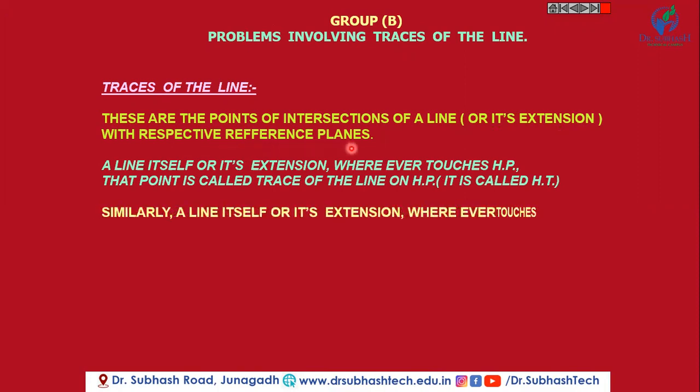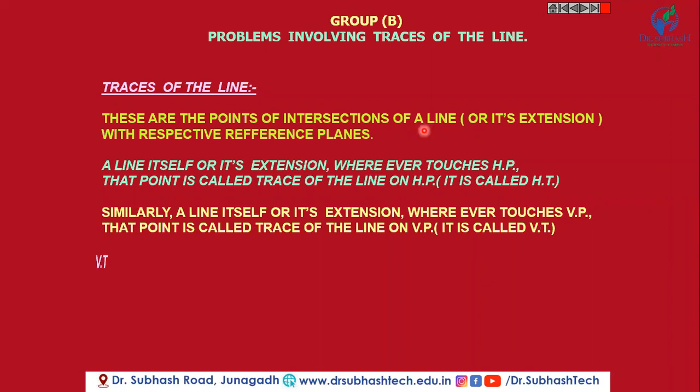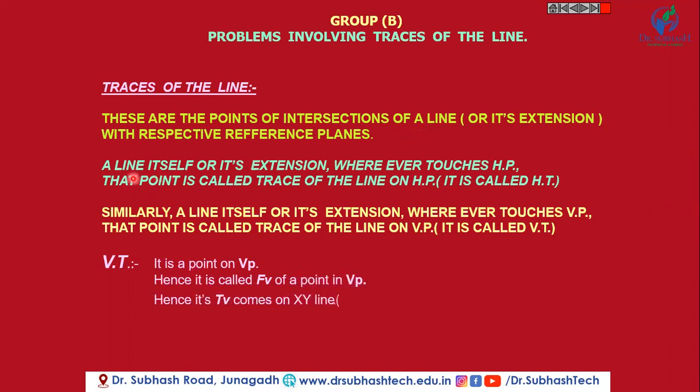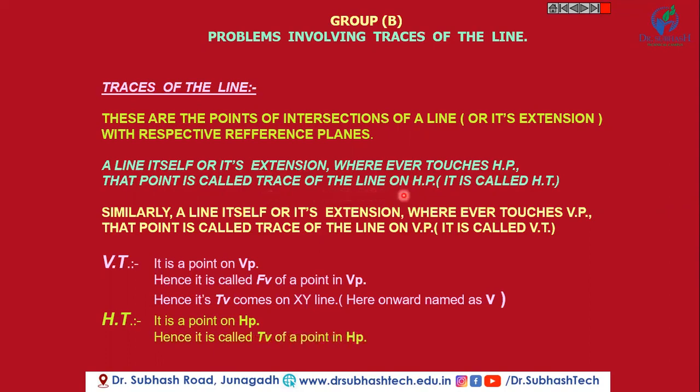When any projections are given and we extend these projections up to the reference plane, that intersection point is known as the trace. A line itself or its extension, wherever it touches HP, that point is called the trace of the line on HP, and it is called the HT, that means the horizontal trace.